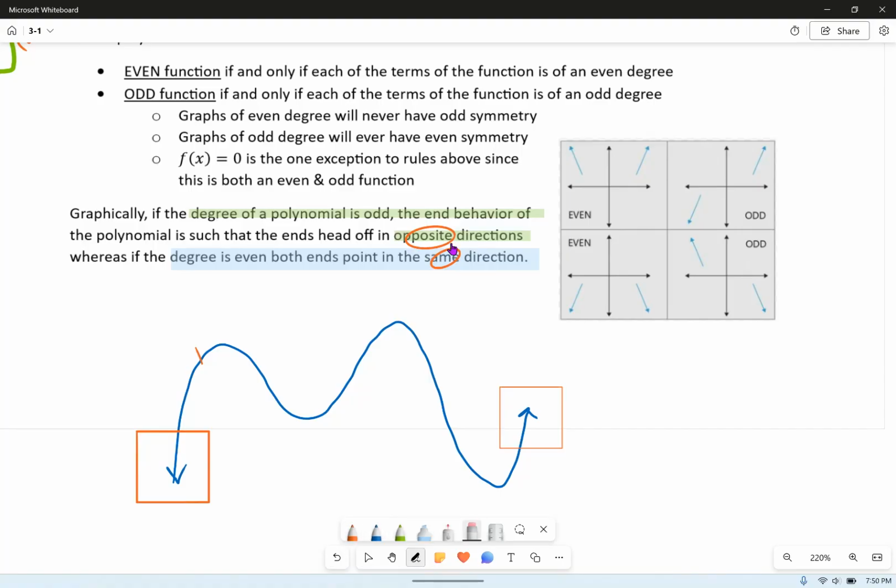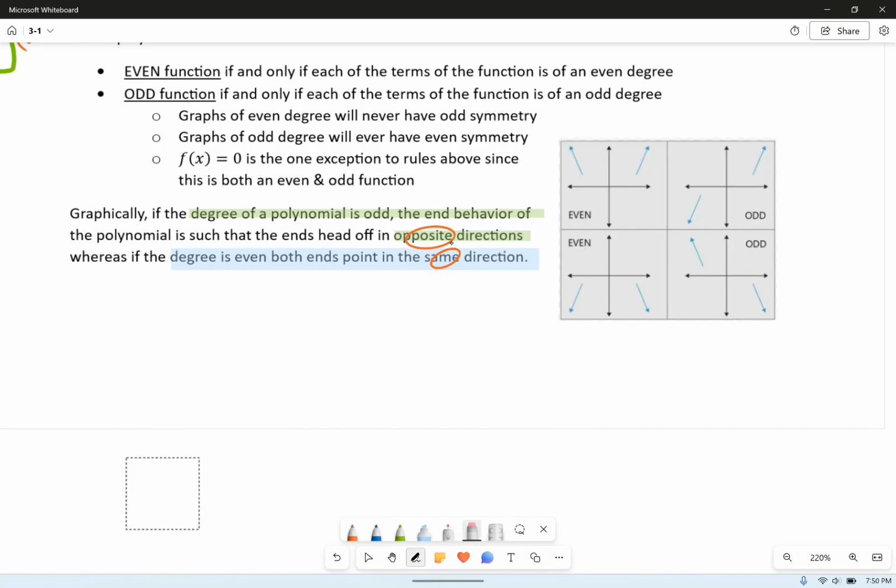Oh, it's an entire stroke. That's why. Okay. So this little piece right here, I don't care about those. All I care about are those ends. And so looking at this picture, one's going down and one's going up. That's odd. Okay. So what are we going to do with this knowledge?